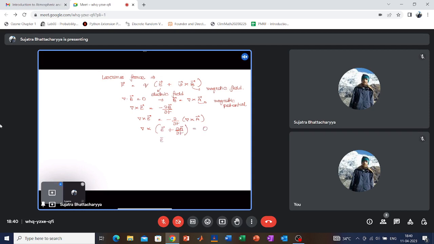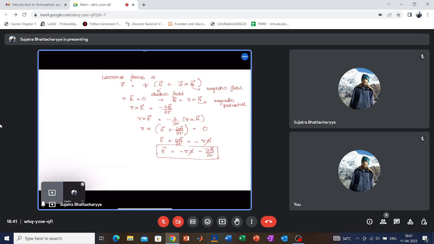Therefore, E plus del A by del t should be some minus gradient of phi. Why? Because curl of gradient of phi is 0. Therefore, E will be equal to minus grad phi minus del A by del t. Okay, so this is the preliminary thing.